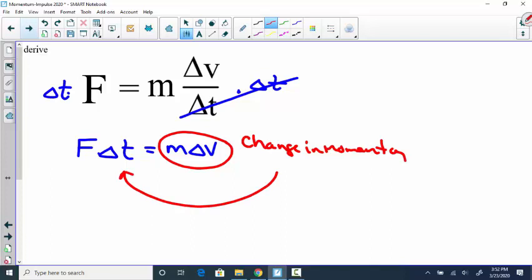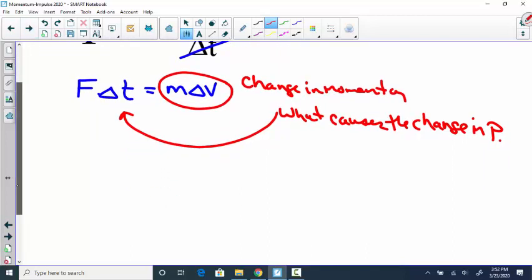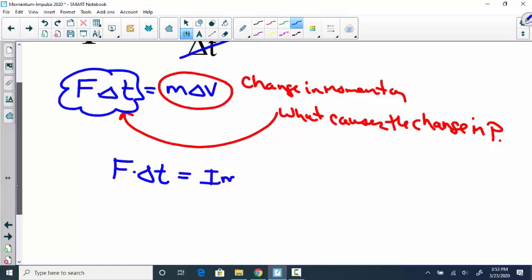This side of the equation is what causes that change in momentum, P. So what we want to look at is this side of the equation right here, because that force times time is actually going to be what causes an object's velocity to change. So this force times delta T is actually something called impulse.